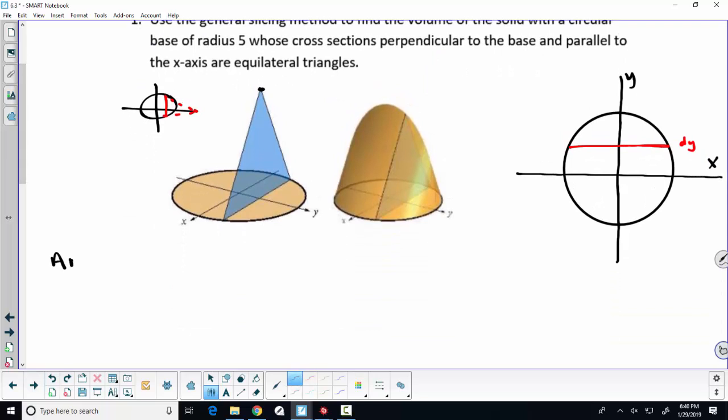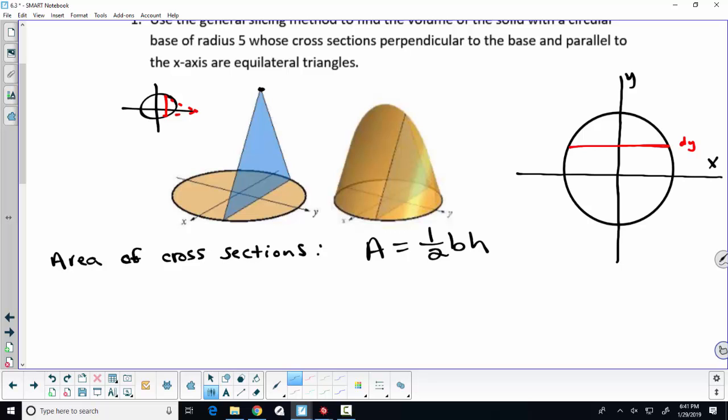Area of cross sections: since they're equilateral triangles, the area of all of those are 1/2 the base times the height. Everybody okay with that?